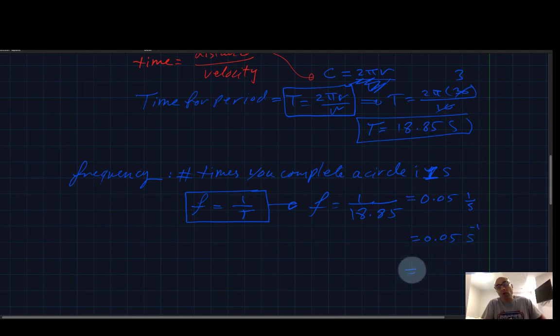Because 1 over second is the unit of frequency, and you hear this every time you drive to work or school, or when you used to drive to work or school before COVID-19. You hear it on the radio, right? When you hear, what's your favorite radio station? Is it like 104.5? What's that 104.5? It's actually 104.5 megahertz. Hertz.